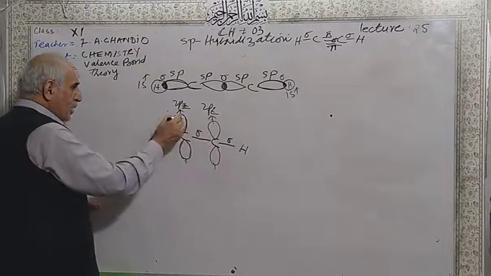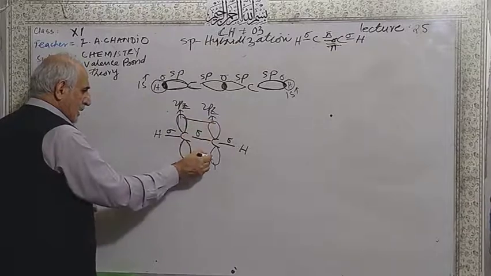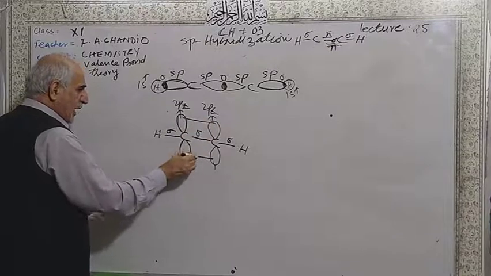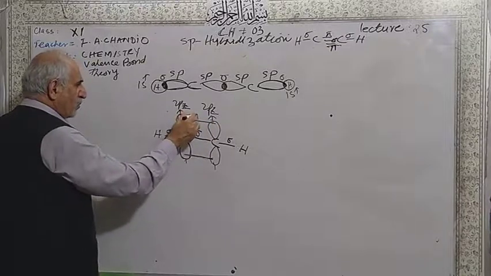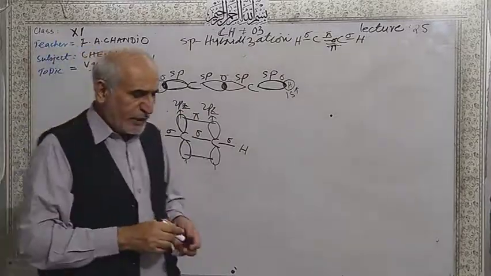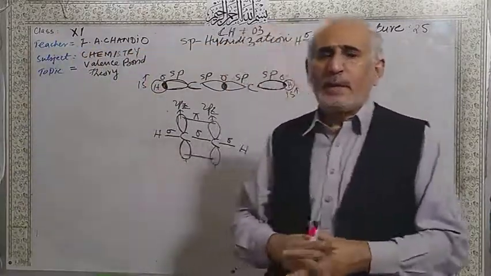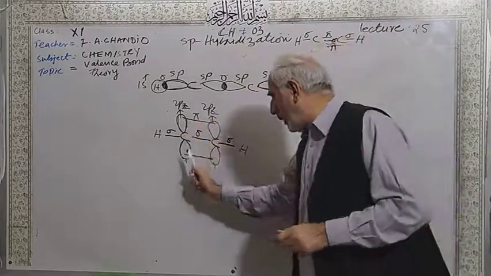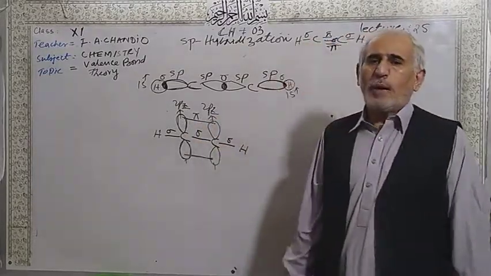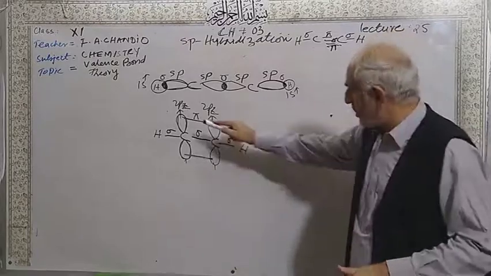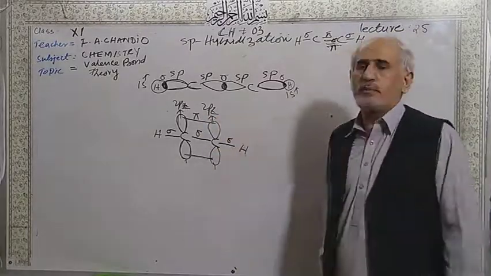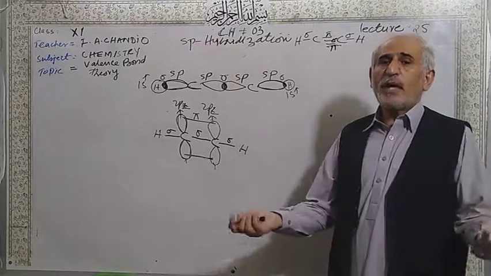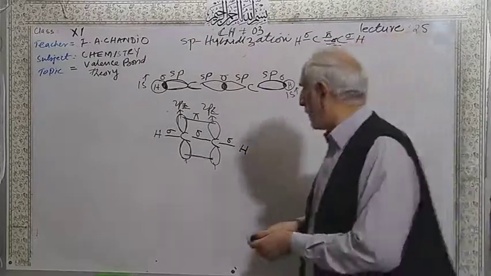So there is sideways, straight, parallel overlapping between 2 pz atomic orbitals to form 1 pi bond above and below. Overlapping must be above and below because this is the whole p. So 1 pi bond is formed, but there are 2.